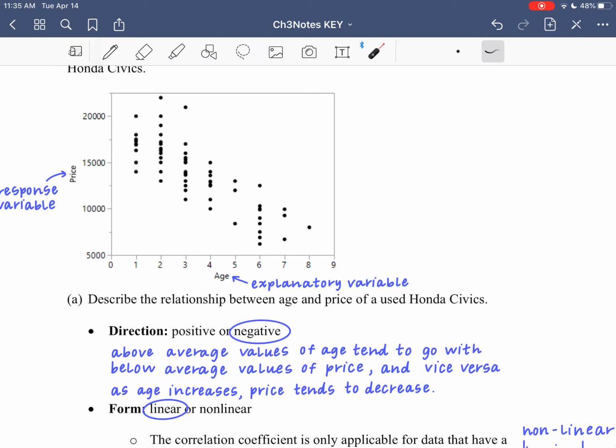So from left to right, what is the overall trend? It looks like our trend is going down. So above average values of age tend to correspond with below average values of price, and vice versa. We can also think about that as: as age increases, the price tends to decrease.